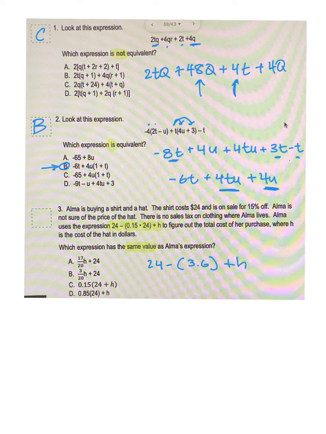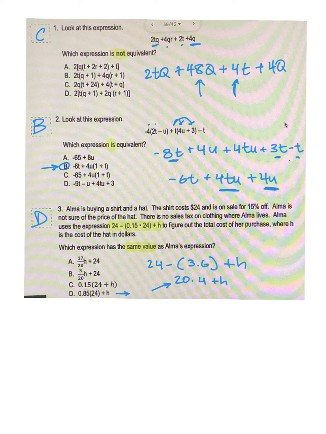And then 24 minus 3.6 is 20.4 plus h. Now look what happens for choice D. If we multiply 0.85 times 24, guess what we get? We get 20.4 plus h. So the correct answer for number 3 is D.